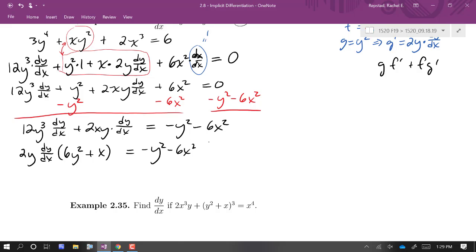I'm going to throw everything that doesn't have a dy dx over on the other side, then factor out the dy dx, and then I'm ready to divide. It's like combining the like terms, the like dy dx terms, and this is their algebraic coefficient. So now we divide. I'm going to divide by 2y times 6y squared plus x.